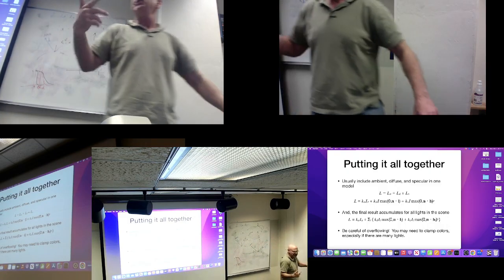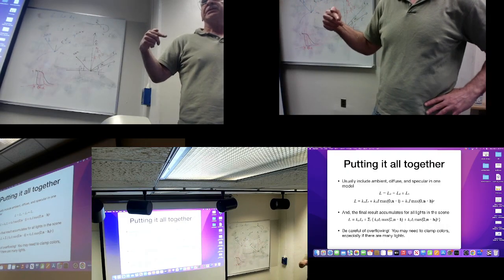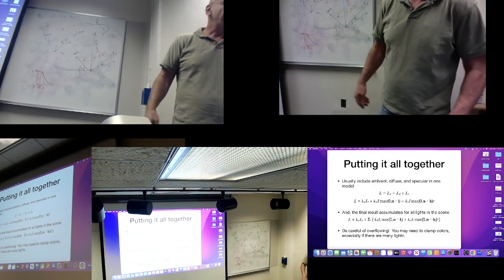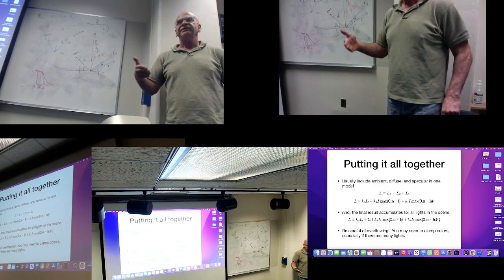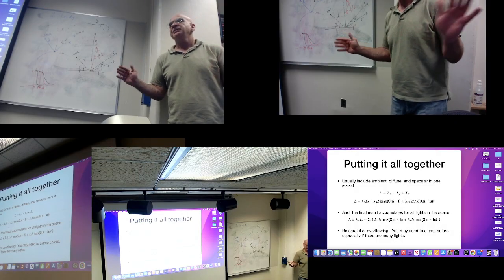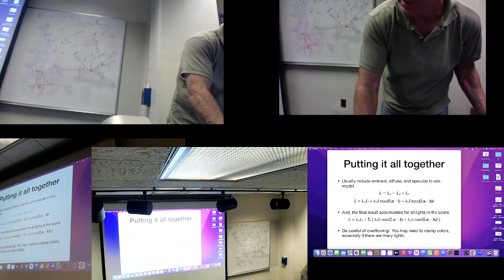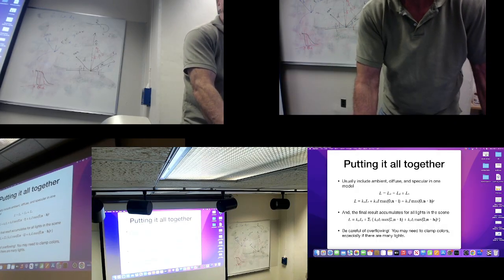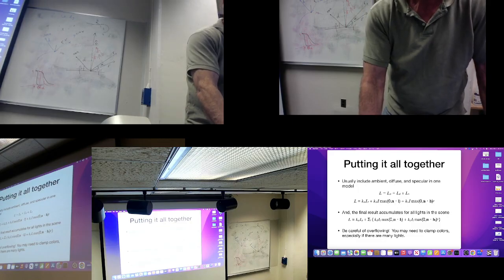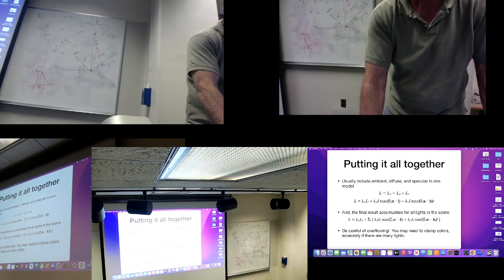For each one, how much is reflected from the light to R, G and B. Do you have to use all of them? Luckily, no. You can leave them as default, and that's just fine for most cases.